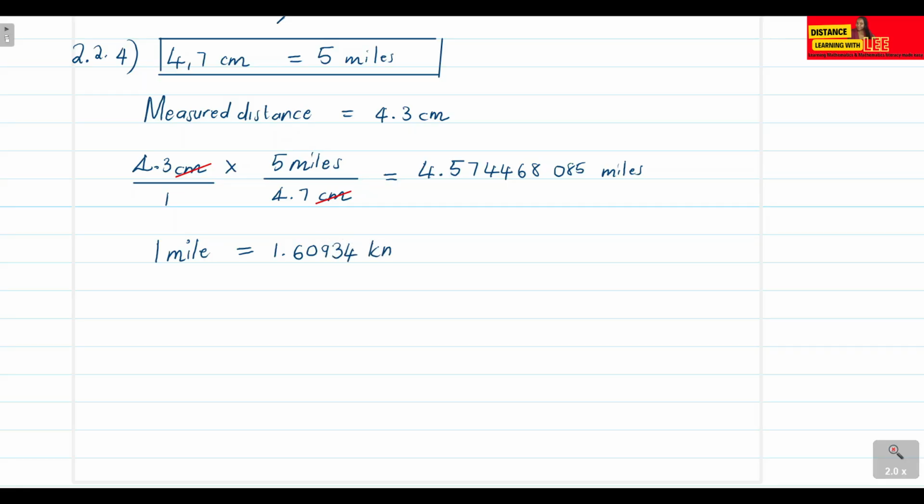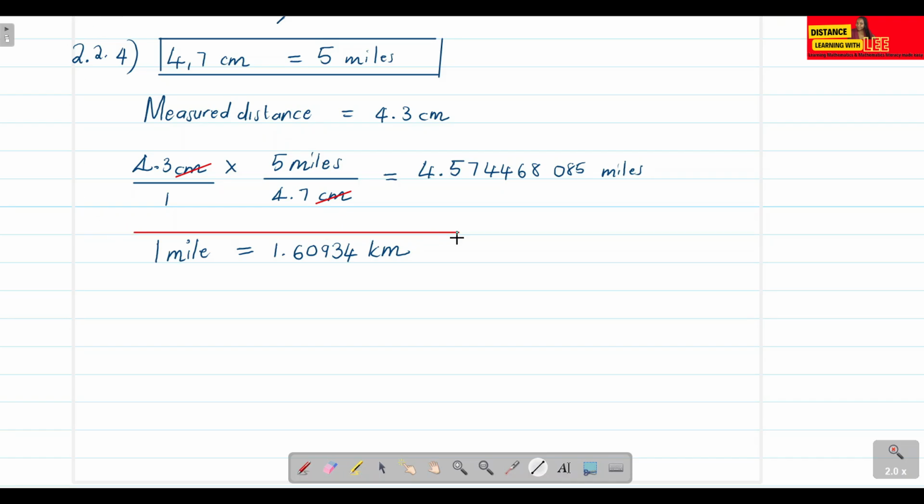We're going to use this conversion to help us convert our miles into kilometers, because we're not living in America, guys. We want our units to be in kilometers, because in South Africa, we use the metric system.